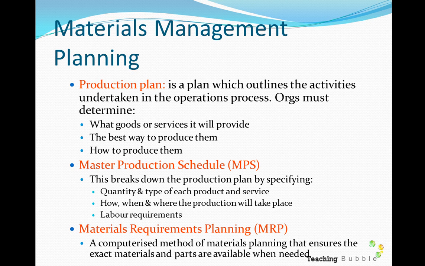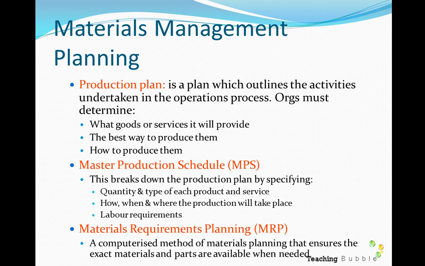The materials requirements plan is a computerized method of materials planning that ensures exact materials and parts are available when needed. That's really important, otherwise production will have to stop, and you've got workers either doing nothing, and you're not producing anything, so you can't make any money. So that's how you can plan your materials.